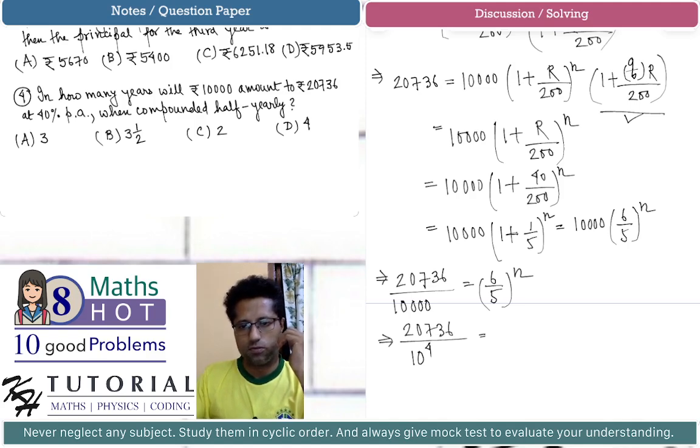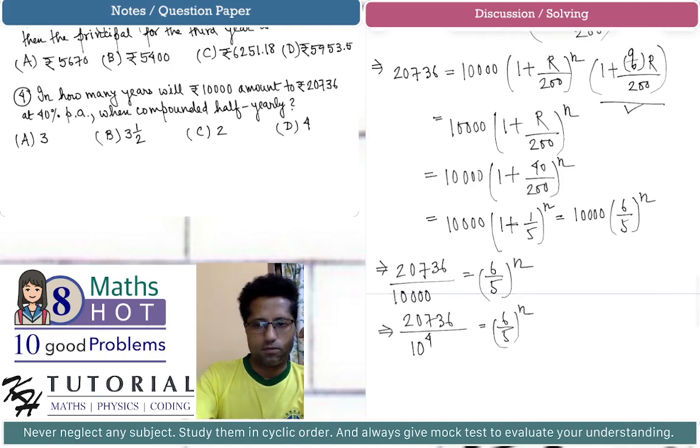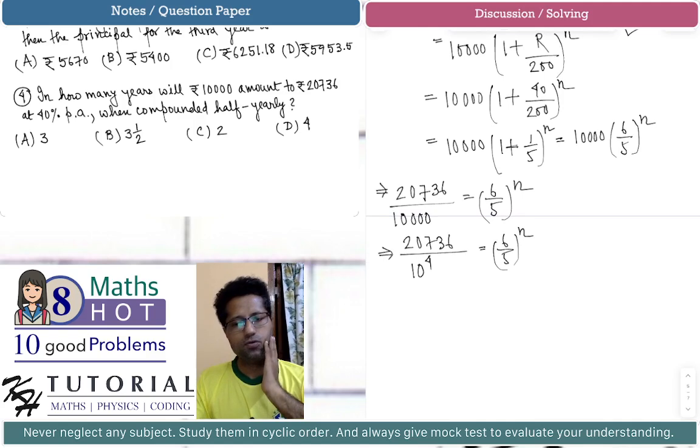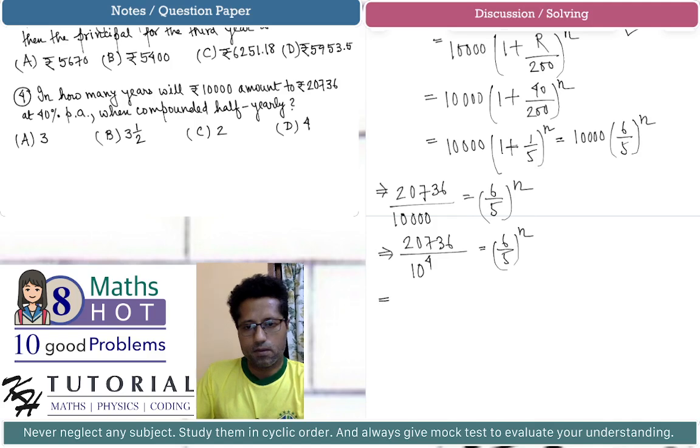This is equal to 6 by 5 to the power n. Somehow on the left hand side we have to make the base 6 by 5. Now 10 to the power 4, 10 can be factorized as 2 multiplied by 5. So this is 2 multiplied by 5 whole to the power 4. So this is 2 to the power 4 multiplied by 5 to the power 4.